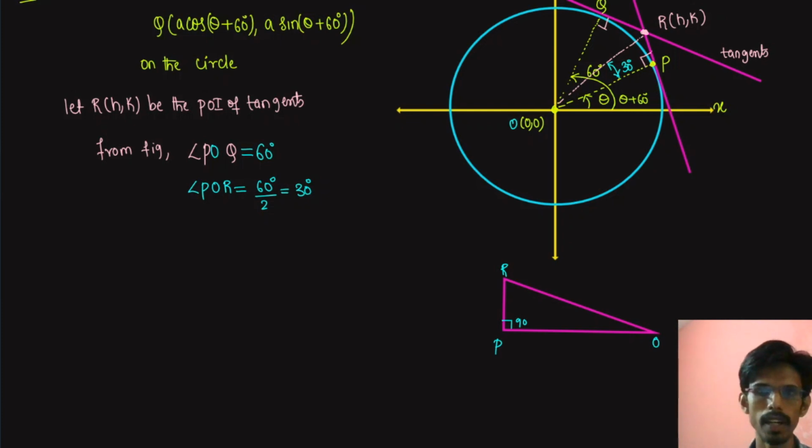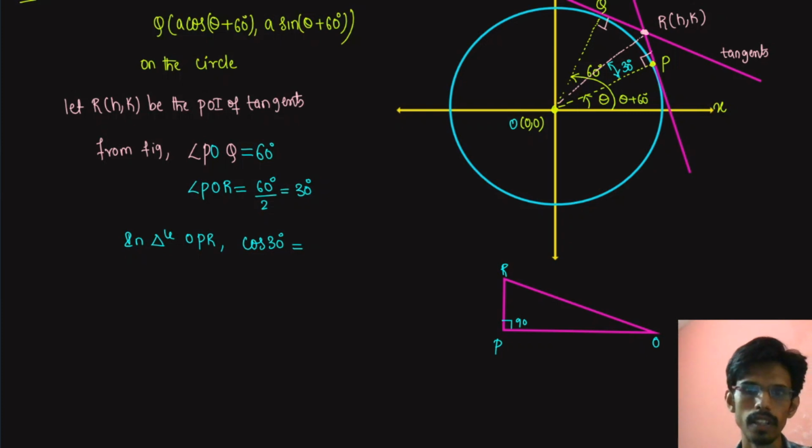Now in triangle OPR I am applying cos 30 degrees. The angle here is 30 degrees. Cos is adjacent by hypotenuse. The adjacent side is OP, and the hypotenuse is OR.